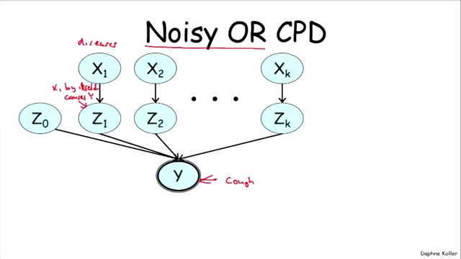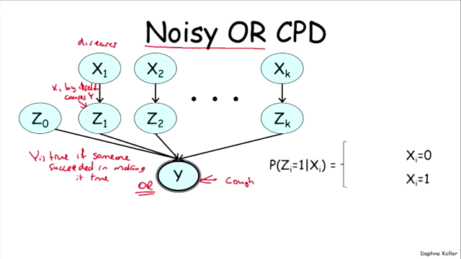And so ultimately, y is true if someone succeeded in making it true. Which means that y is a deterministic OR of its parents, z0 up to zk.